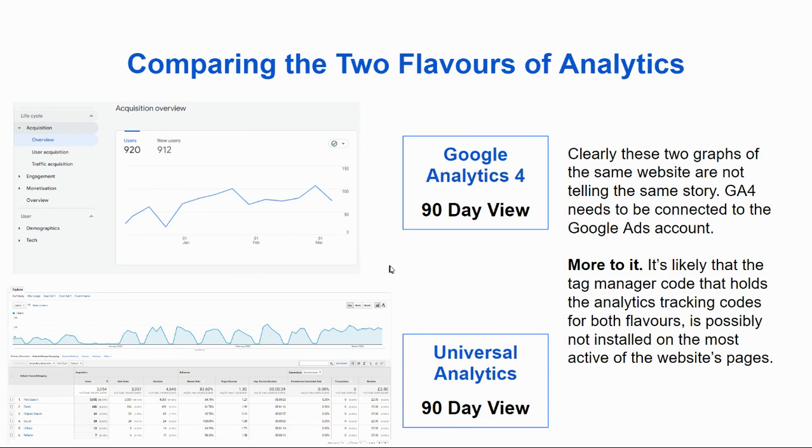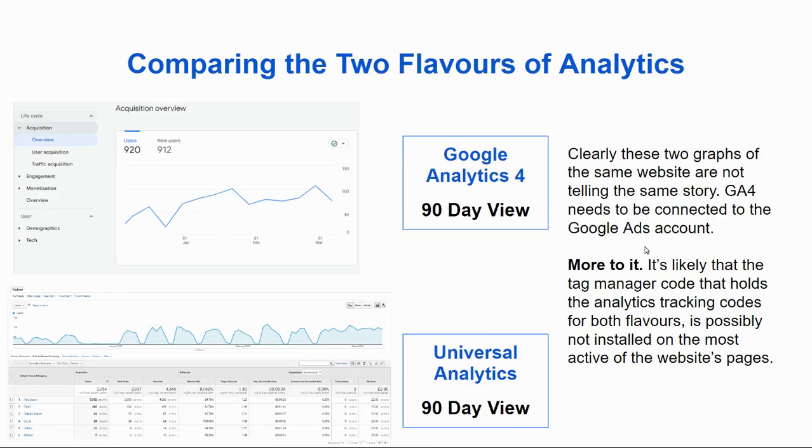But basic info may not be enough, because as you can see from here, there's a massive discrepancy between the two measurements recorded here. Basically, the GA4 in this account hasn't had the Google Analytics account connected to it, and it's recording about 900 users over the 90 days, whereas the old analytics, that is all connected up and everything, has recorded nearly 4,000 visits.